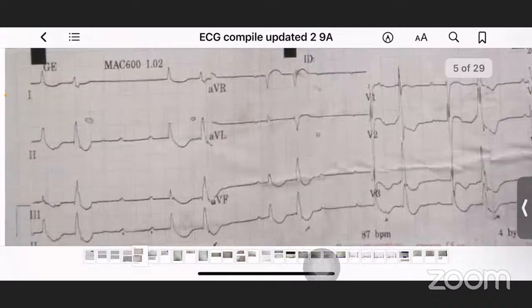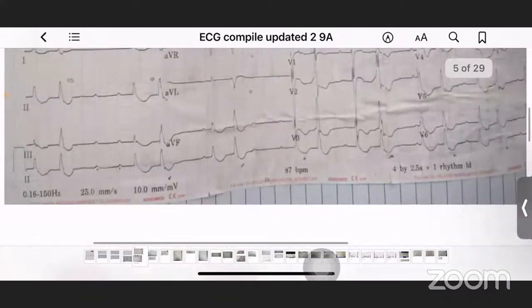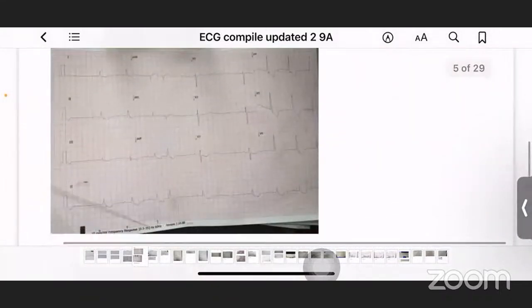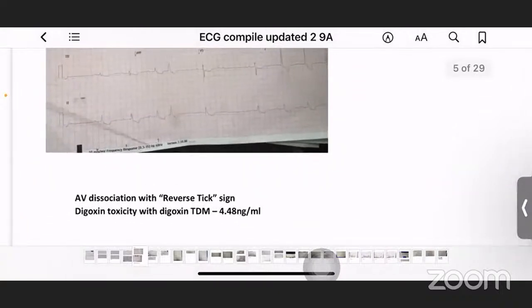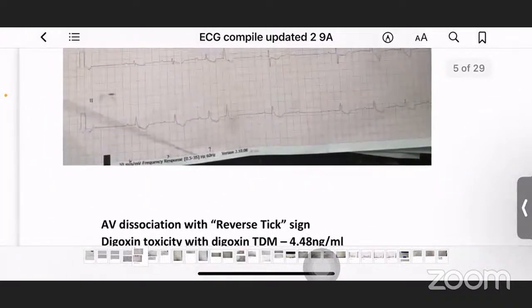So causes of ST depression also include digoxin toxicity, the reverse tick sign. So we need to make sure, is the patient taking any digoxin or not? For this case, it is AV dissociation with a reverse tick sign.